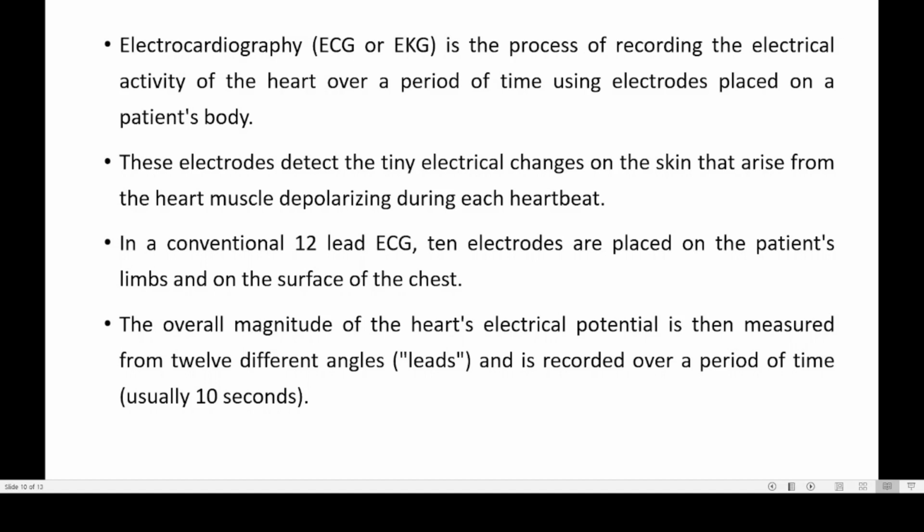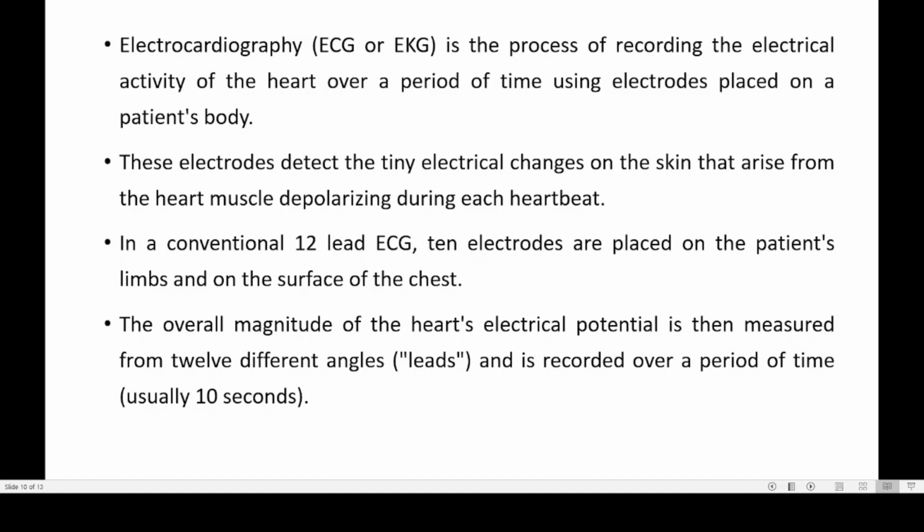Just like the electrodes that you use in your chemistry lab or physics lab, we are also using the same kind of electrode, but they are more sensitive. They can even pick up the very tiny electrical current that is produced by different organs and tissues in our body. That is the basic principle on which ECG works.